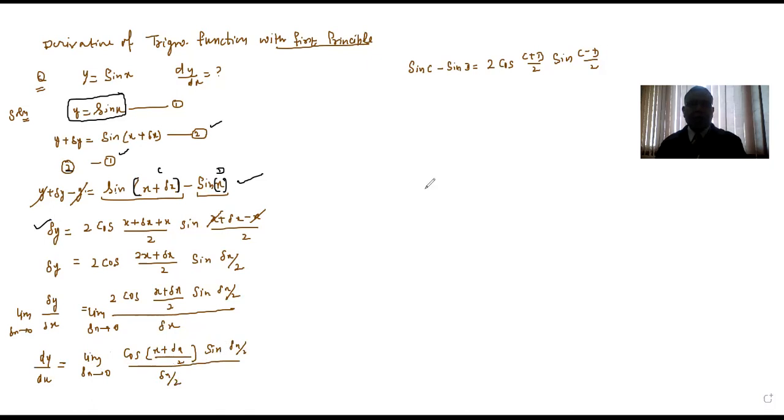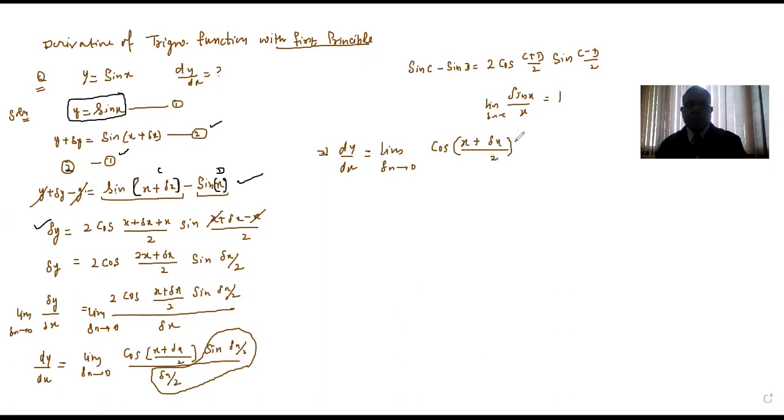Now we have the formula that limit x tends to 0 of sine x over x is equal to 1. So delta x by 2 over delta x by 2 will be equal to 1. So which implies dy by dx is equal to limit delta x tends to 0 cos of x plus delta x upon 2, times 1.